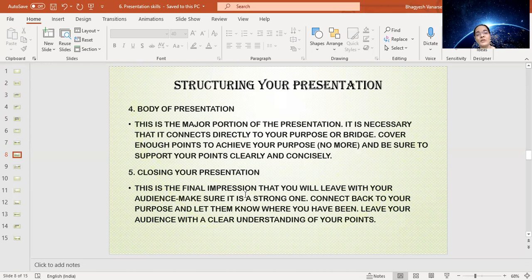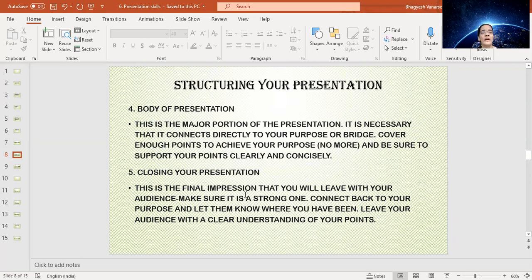Then we move on to the fourth point, the body of the presentation. It means the main part of the presentation. This is the major portion of the presentation, and that is why it is necessary that it connects directly to the purpose of the presentation. The body should have ample information that is going to make the audience comfortable and understand what this whole presentation is about.